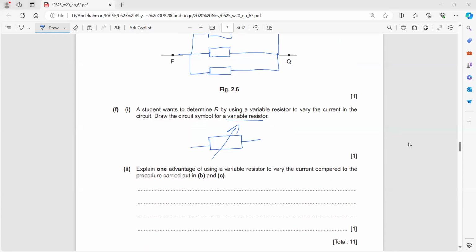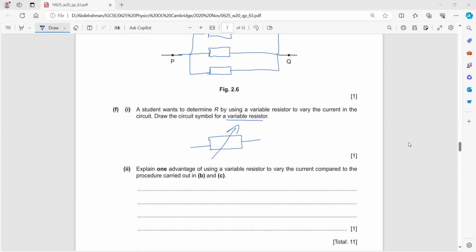What is one advantage of using a variable resistor? It will be easier to change the resistance instead of having to add a resistor and remove a resistor. It's easier, yes. Or to control each thing on its own. Control the current easily. You can change the current easily.